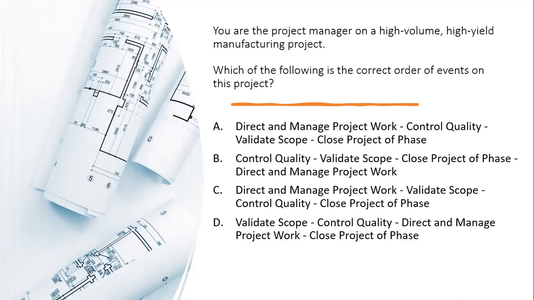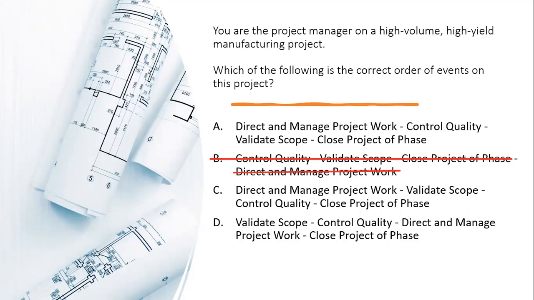Now, right off the bat, you do know that close project or phase should be last. So, taking a look at this lineup, you want to cancel any option that does not put close project or phase last. A cursory overview helps us cancel option B, where close project or phase comes up as number 3 instead of number 4, the final one. So we can cancel that.